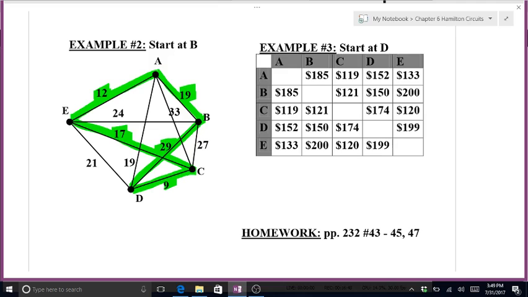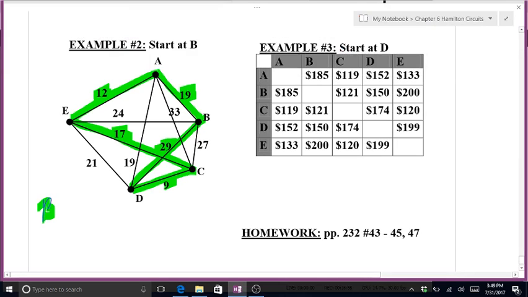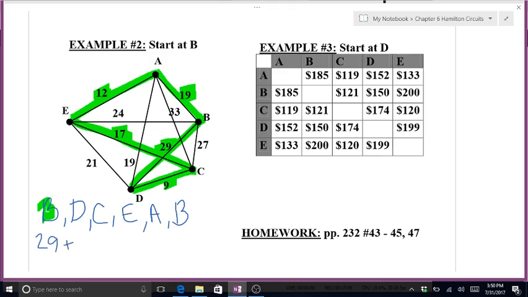and use that number. So it looks like we're going B, and D, and C, and E, and A, and back to B. So we've got 29, 9, 17, 12, and 19.